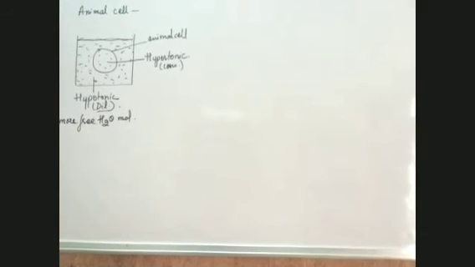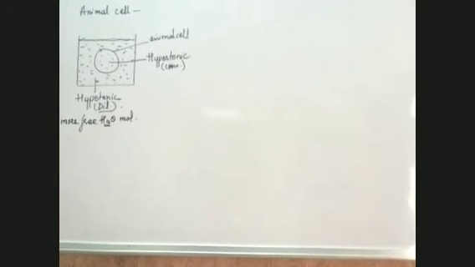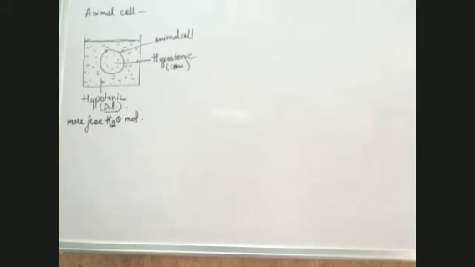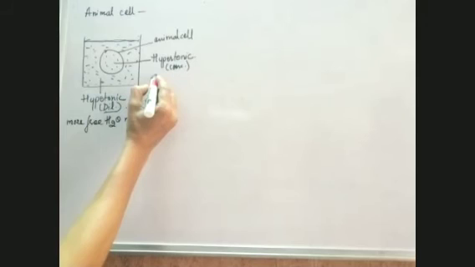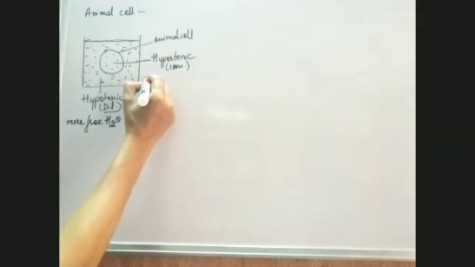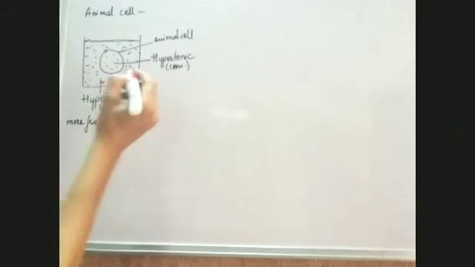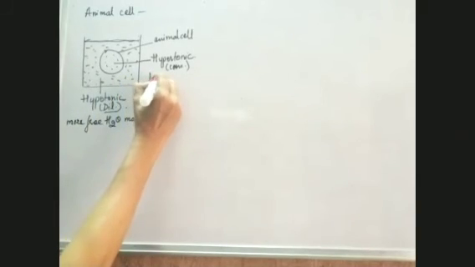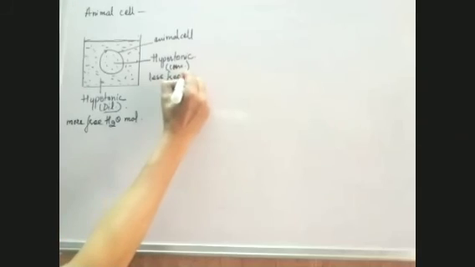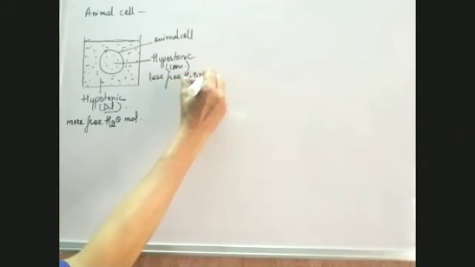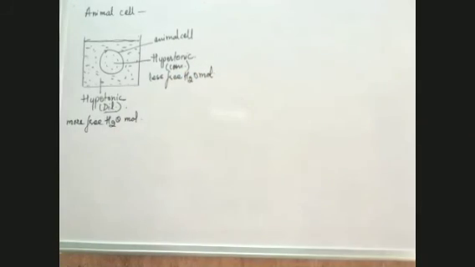So more free water molecules we have in this. And here inside the cell, this is concentrated. So because it is concentrated, that means most of the water molecules are associated with the solute. So very few water molecules are left. So free water molecules in this case are less.